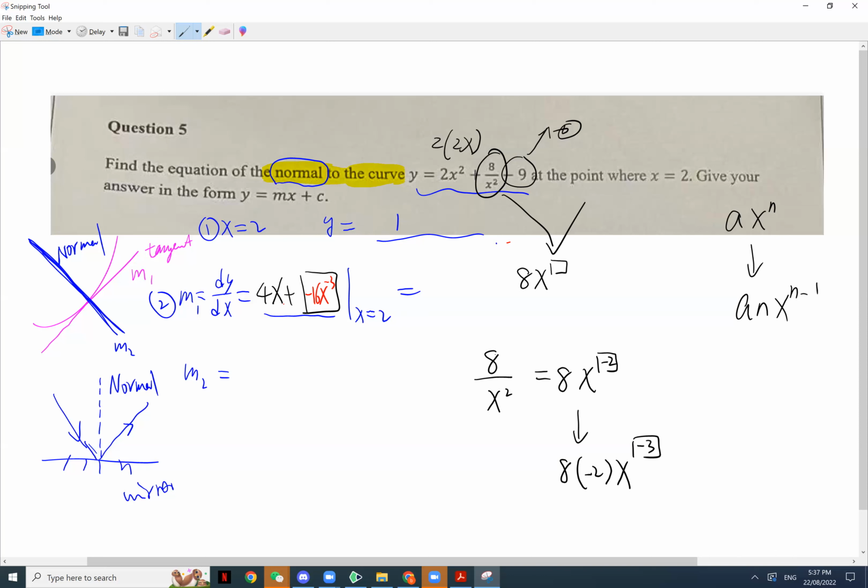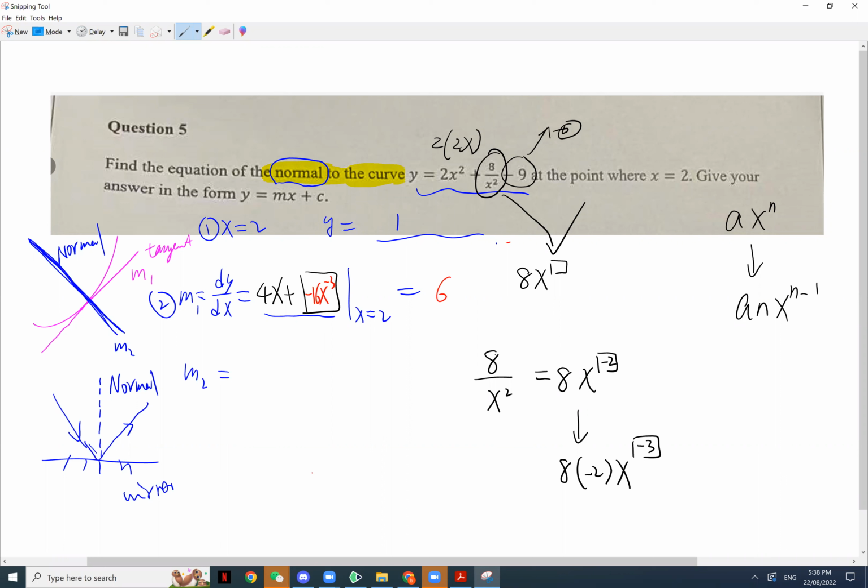Okay. This gradient, we put 2 into it. It's pretty annoying. It's -2. So 6.